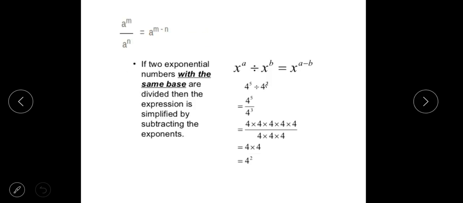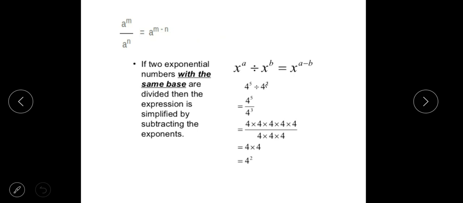Now we discuss an example for the second exponential law. a raised to m by a raised to n is equal to a raised to m minus n. Here subtraction of exponents comes. Look at an example, 4 raised to 5 divided by 4 raised to 3. If two exponential numbers with the same base are divided, then the expression is simplified by subtracting the exponents.